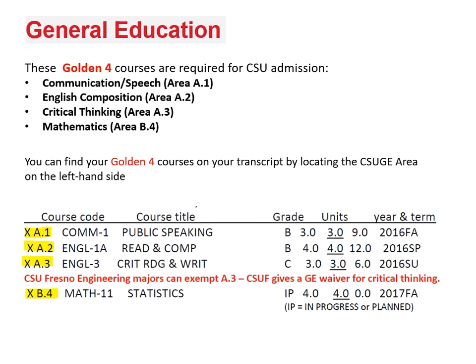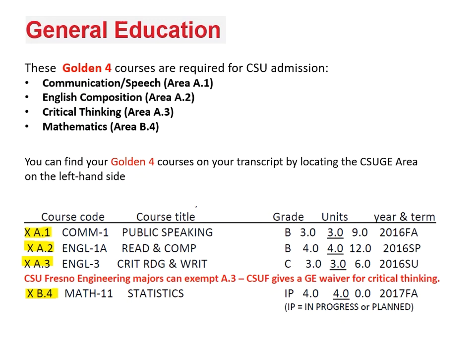For area A2, that English composition, we're seeing English 1A. And for most of you, it's going to be English 1A or English 1AH if you're in the honors program. And then for area A3, that critical thinking area, for example, on this transcript, it was the English 3. And then for the math in area B4, you'll have whatever course you have completed.